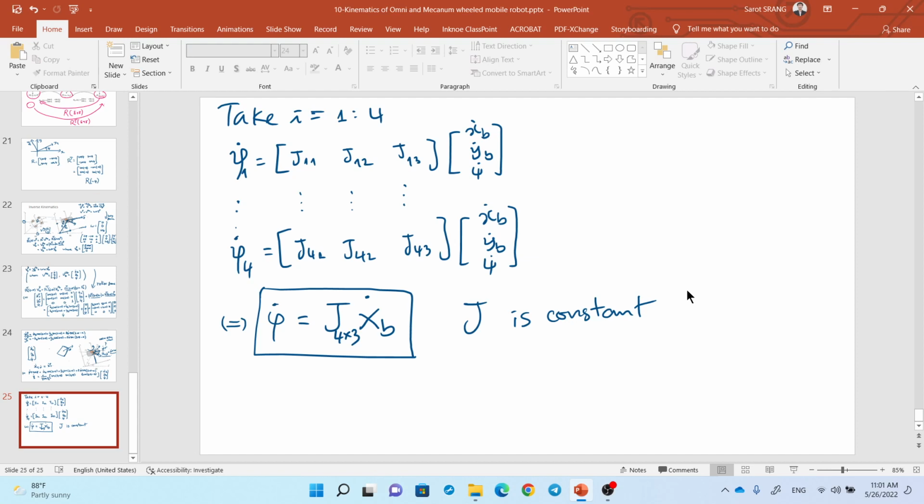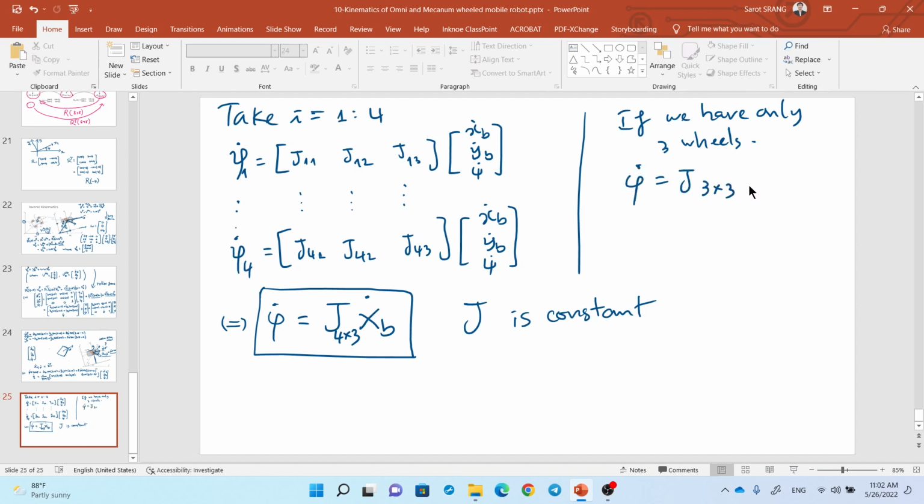Okay, the thing is, if we have 3 wheels, it's easy. If we have only 3 wheels, for example, omni wheel, so phi dot equal to J 3 by 3 times H dot B, then forward kinematic would be H dot B equal to J inverse times phi dot.